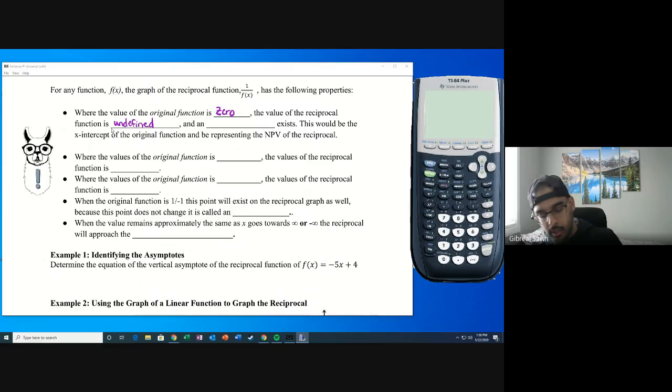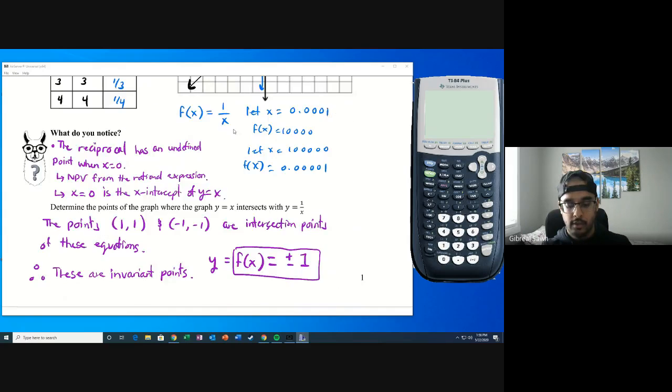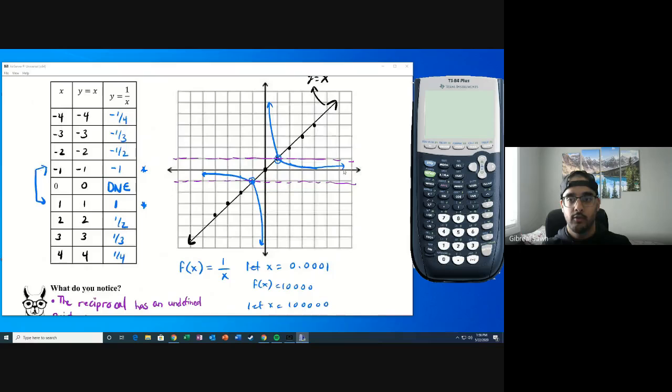And what we call an asymptote exists. This word refers to the line that it can't cross. So if here's my reciprocal function from before, the line it couldn't cross was x is equal to 0. That y-axis, we give it a name and we call it an asymptote.